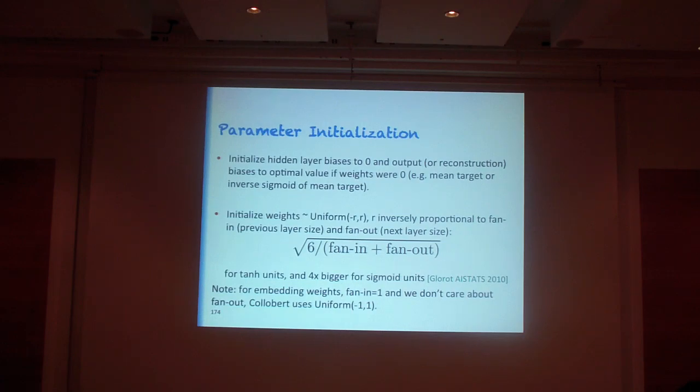Parameter initialization is also quite important because we've seen that there are local minima, and you have to be careful about how you initialize those models. Now, for the biases, these intercept parameters, you don't have to worry about them. You can initialize them to 0, except for the outputs or the reconstruction units, where there's a better recipe, which is to initialize them to their optimal value, assuming the other parameters were 0.